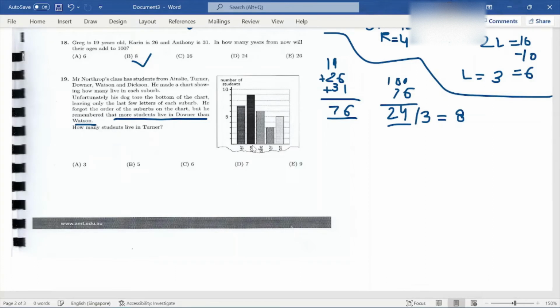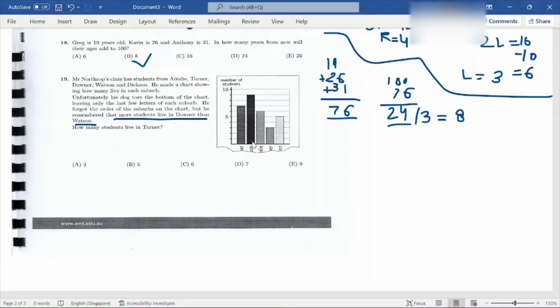So definitely what looks like is this and this. This graph, Donner, is more than this. So this could be Donner and this could be Watson, not the other way around, because it would say that Watson has more students than Donner, which is not the case here. So Donner has more students than Watson.